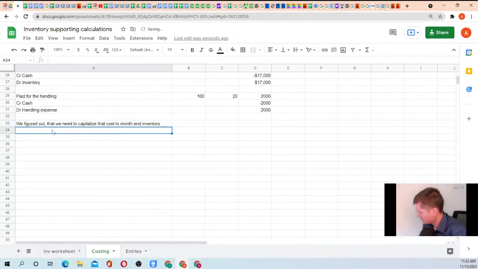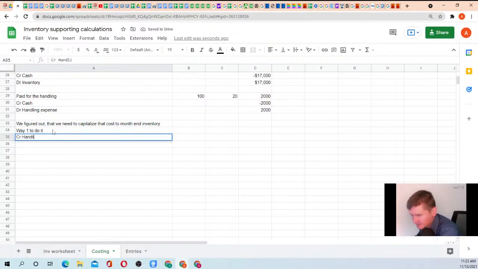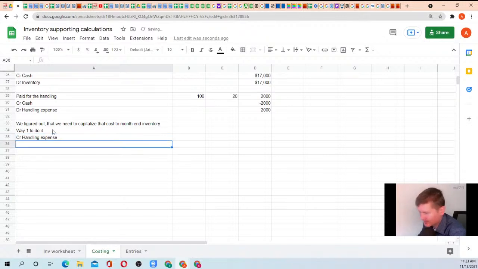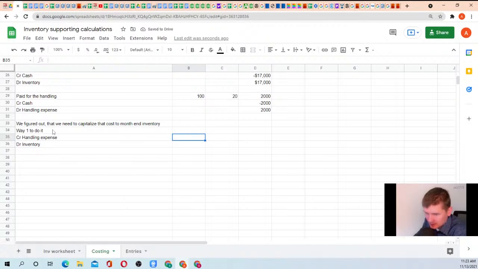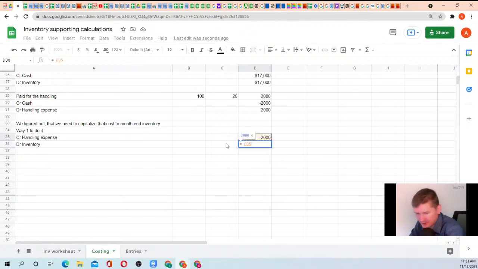So first way to do it, way one, we credit handling and debit inventory value. We could have recognized it in the inventory from the beginning here. And we debit inventory.